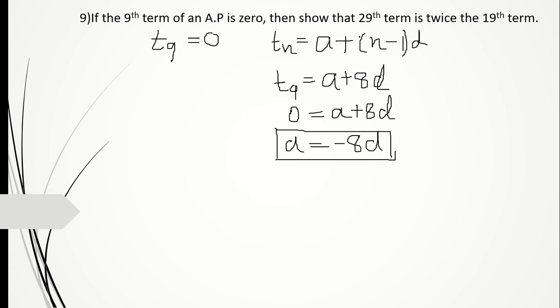Now similarly, according to this formula, T of 29 will be A plus 29 minus 1, which is 28. A plus 28D.